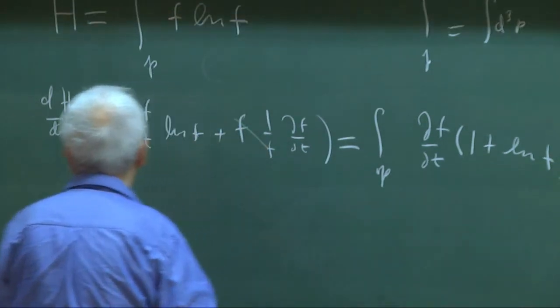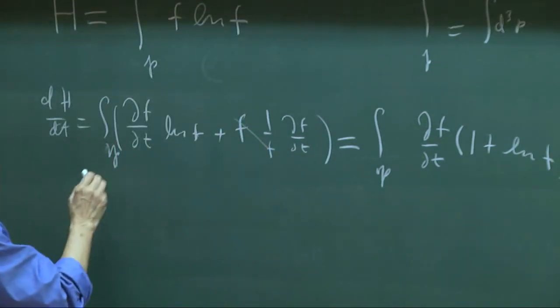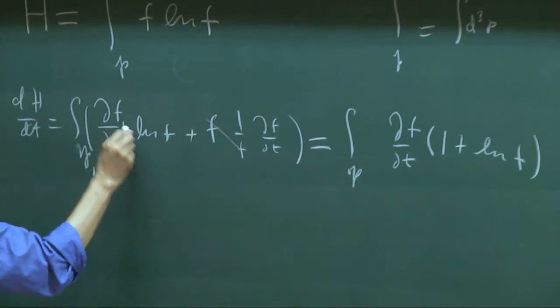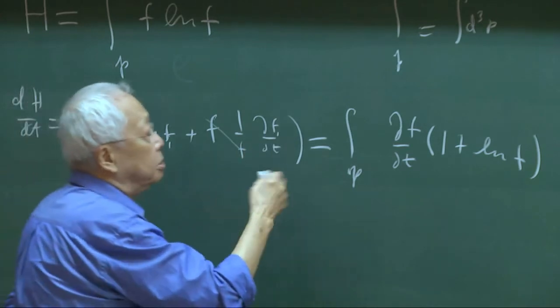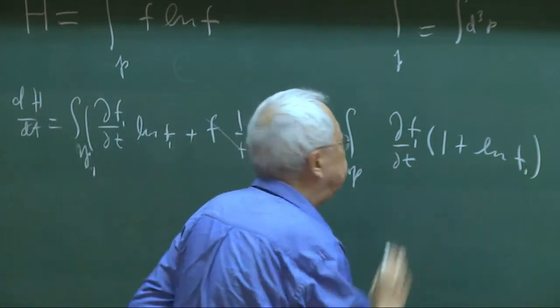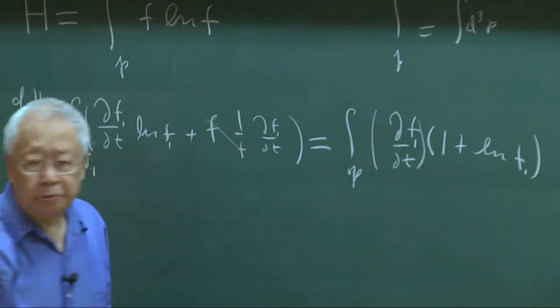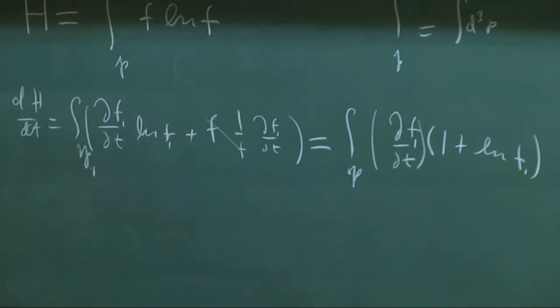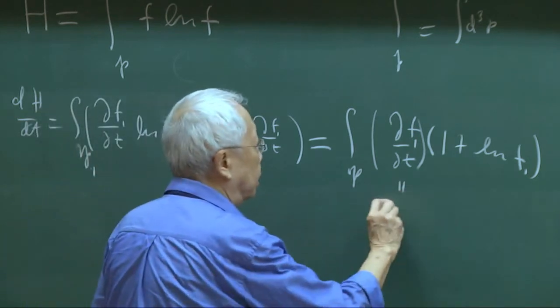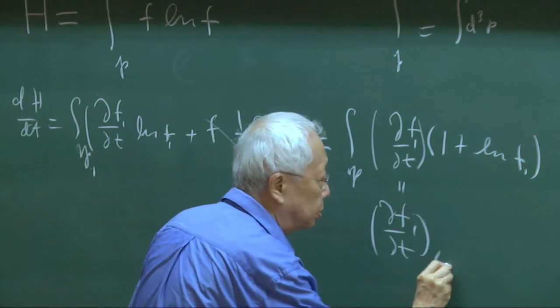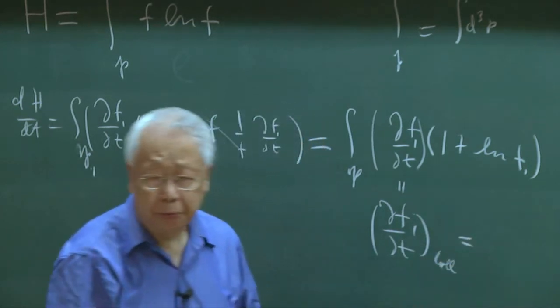Now let us call it p1. So this is integration, so I can just call it p1. And I want to substitute this from the equation of motion that we have derived before. This is just equal to df/dt, the collision term, because we are considering a uniform system.